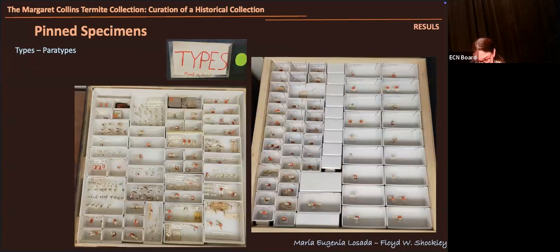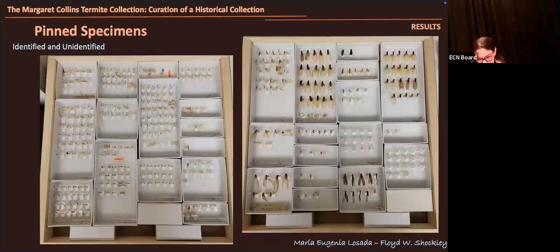place them in order, taking out what wasn't really a type, organizing the paratypes. In this case, we hold them all together in one drawer. And then also going through all the identified and the unidentified material, placing one identifier QR code number on each specimen.